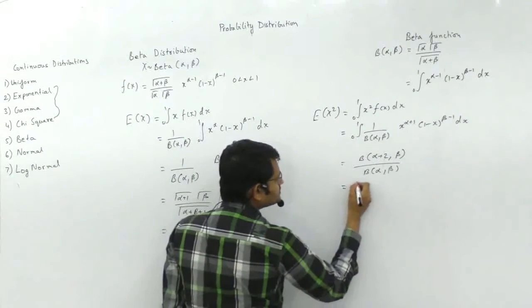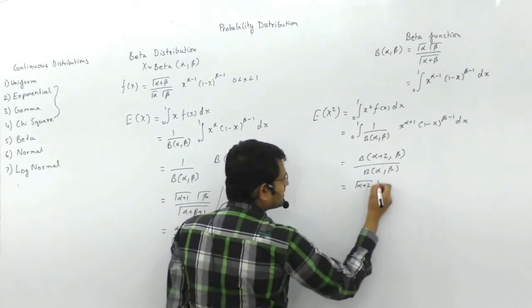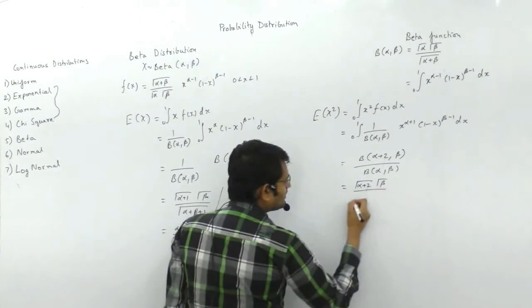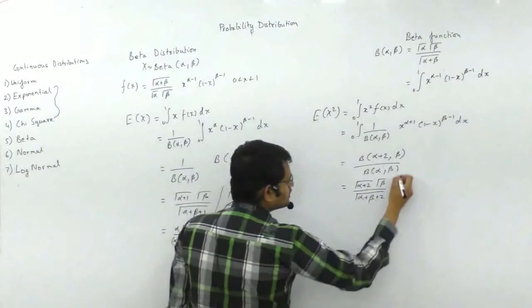So this gives us gamma of alpha plus 2 gamma of beta upon gamma of alpha plus beta plus 2.